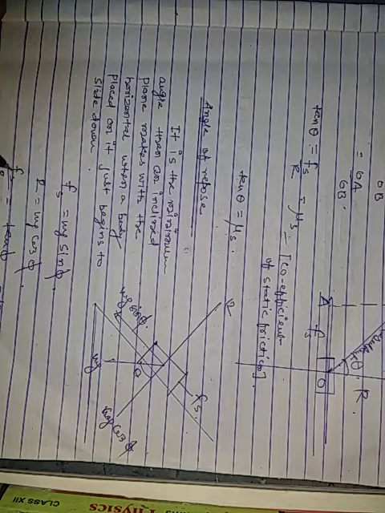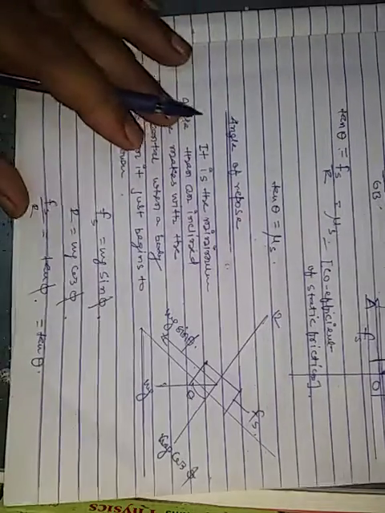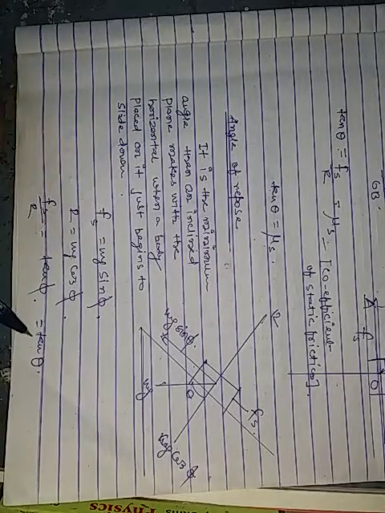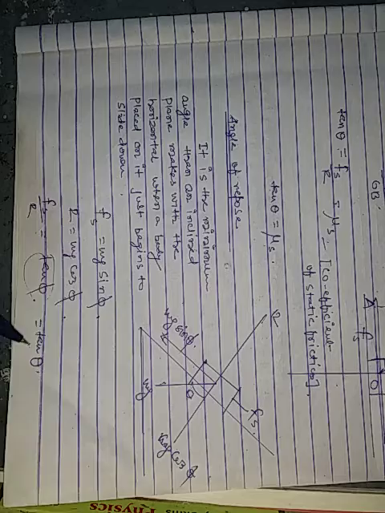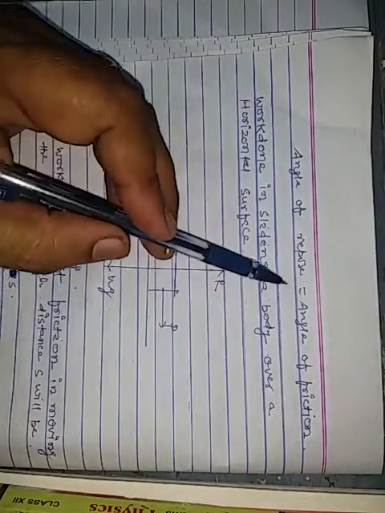So Fs by R is equal to tan phi is equal to tan theta, where phi is the angle of repose and theta is the angle of friction. So the angle of repose is equal to the angle of friction.